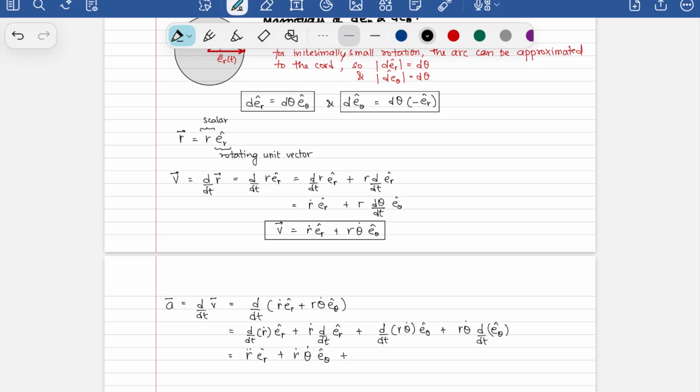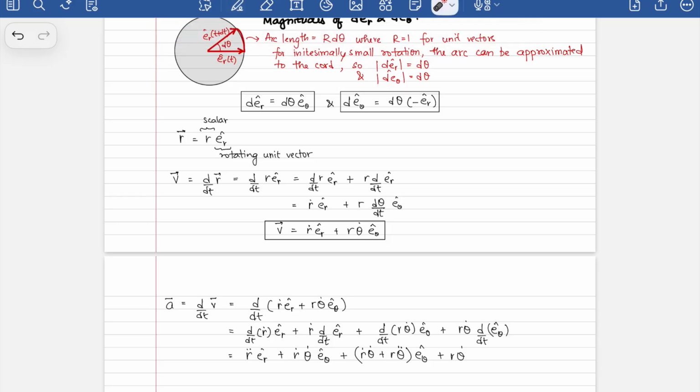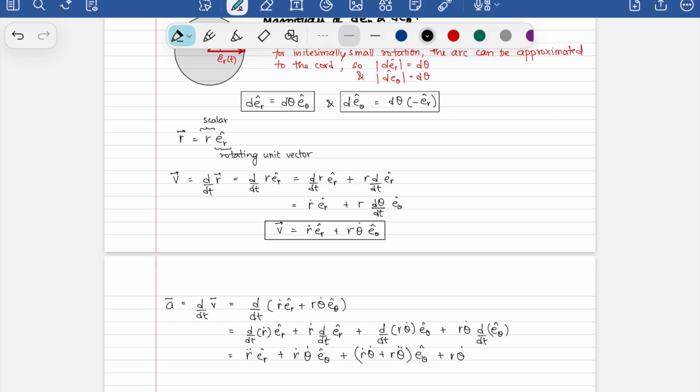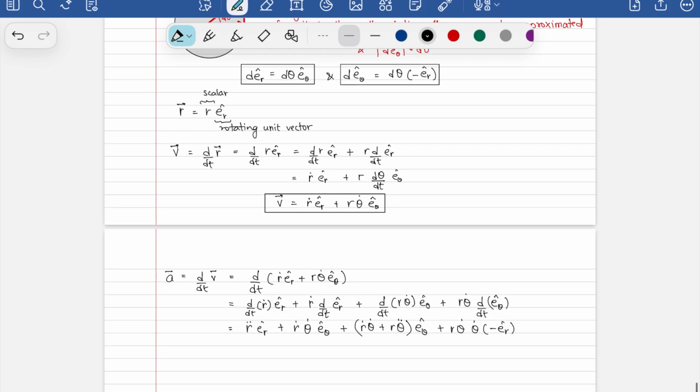So then you have r dot theta dot plus r theta double dot in e theta hat direction. And then you have r theta dot. Differentiation of e theta hat becomes d theta minus er hat. So that is theta dot minus er hat.